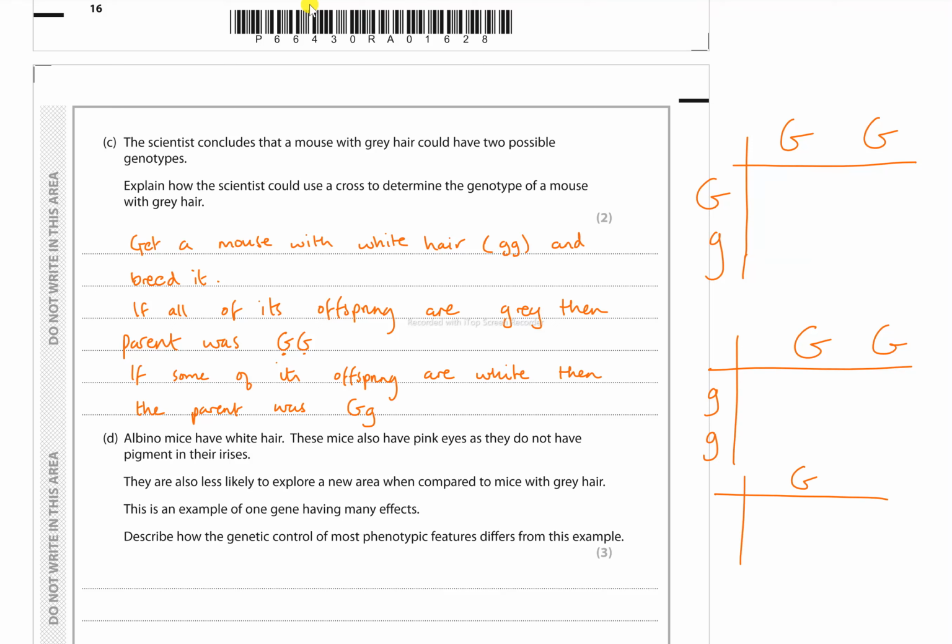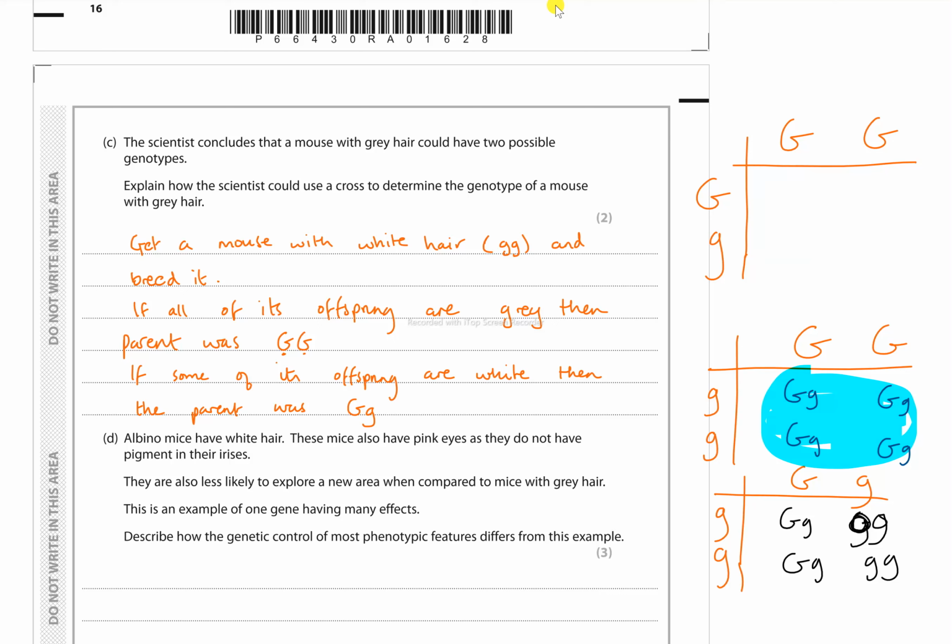If, however, the parent is a big G, small g, and you crossbreed it with a white mouse, you're going to end up with Gg, Gg, gg, gg. With the first cross, all of these are grey. However, with this one, only these two are going to be grey.